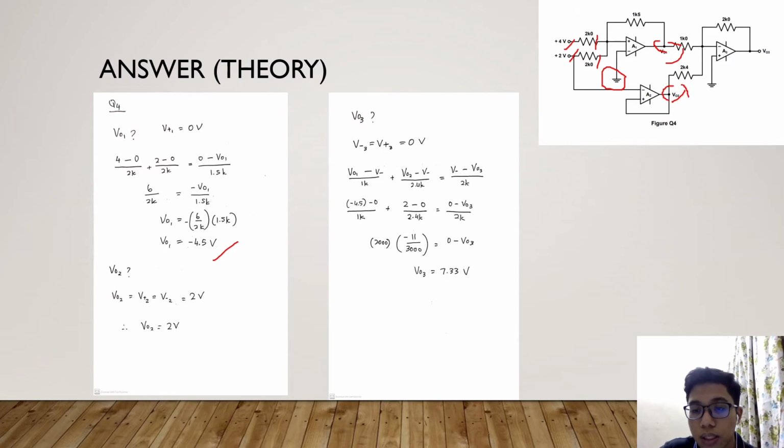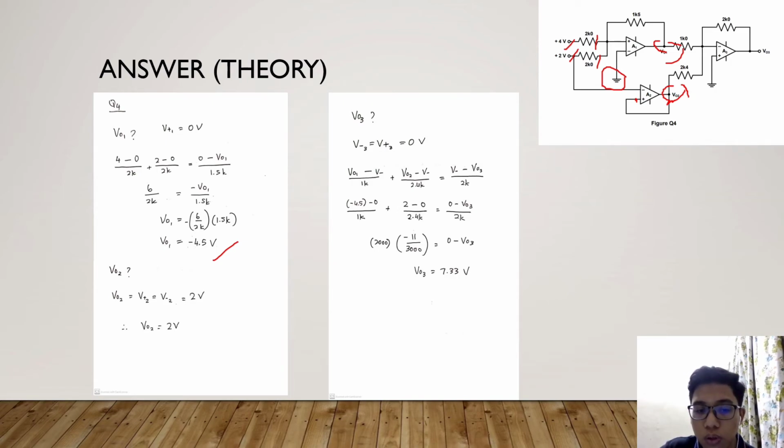As you can see here, V plus 2 is connected with V output 2 without any resistor. So this is a voltage follower. Therefore, there is no voltage difference between this point and this point, so the value of V output 2 is equal to the value of V plus 2.